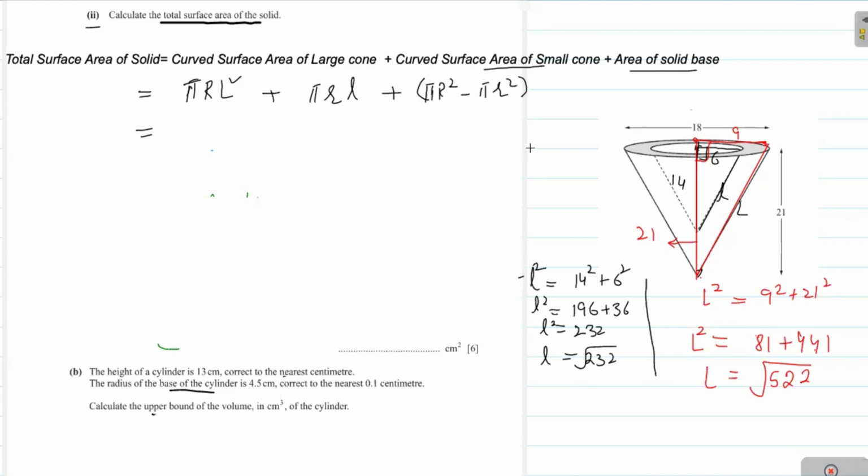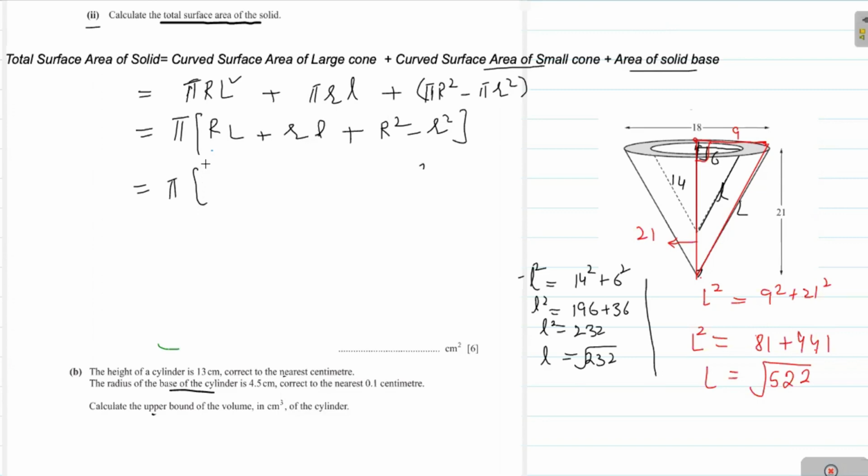Now we put the value here. Before substituting the value, we take the common capital pi in this. We take the common pi here. Therefore, capital R plus L plus small r L plus r square minus small r square. Now we put the value here. The pi is written as it is.